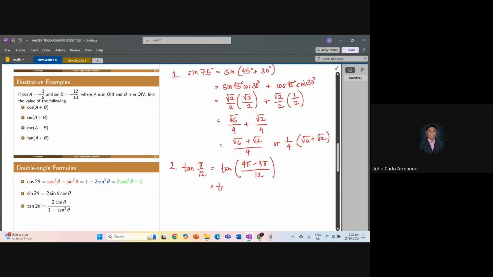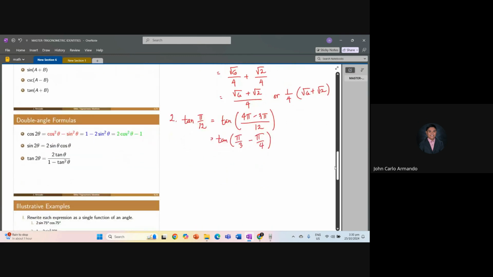And that is tangent. If we separate this, 4 over 12, that is 1/3. So pi over 3. And 3 over 12, that's 1/4. That's pi over 4. And as you can see, we have now tangent of pi over 3 minus pi over 4.